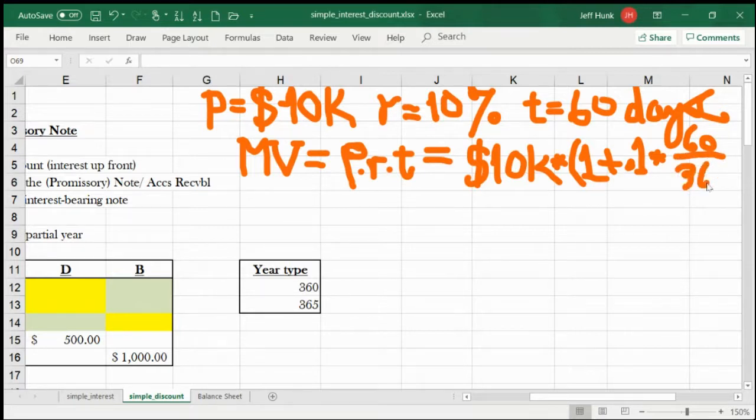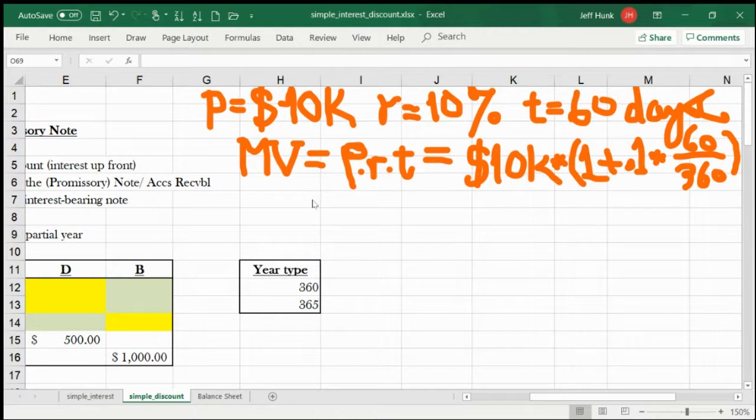That's the maturity value if you hold on to it until maturity. But for simplicity's sake, let's just assume this is 110K.